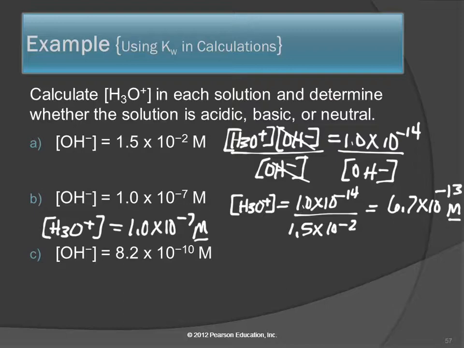Let me just give you the answer to that last one. For the last one, the answer is 1.2 times 10 to the minus 5.